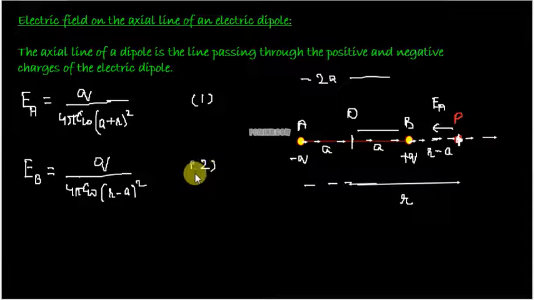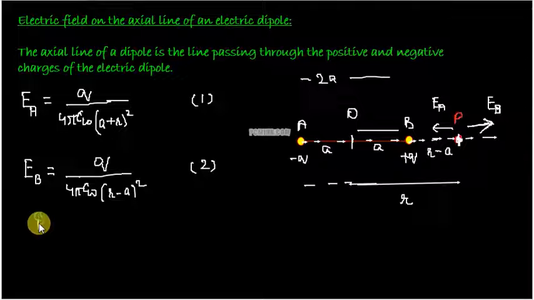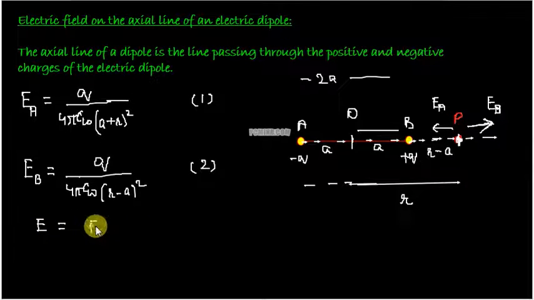The field at P due to the positive charge acts towards the right, because the field due to a positive charge is directed away from it. So EA is towards left and EB is towards right. Therefore, the net electric field at P is the difference of the two, E equals EB minus EA.